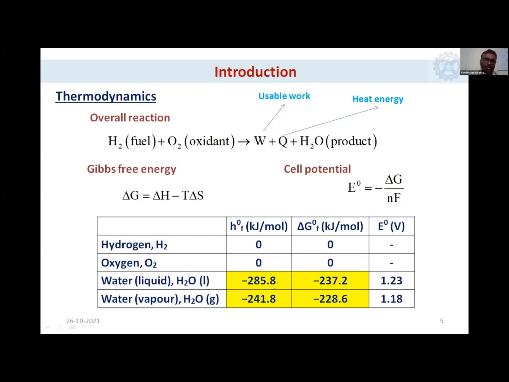These are all the enthalpy of formation of these molecules. Now, from this enthalpy, you can calculate the Gibbs free energy using the entropy changes in these reactions. From this Gibbs free energy, you can calculate the cell potential. And now what you are seeing here is, if you are producing the liquid phase water molecule at the end of the hydrogen oxygen reaction, then you will get a cell potential of 1.23 volt.